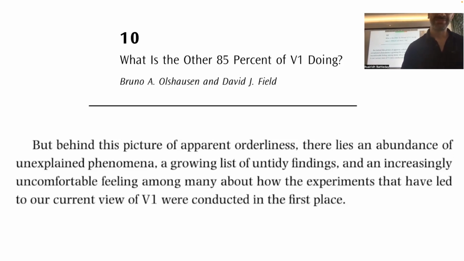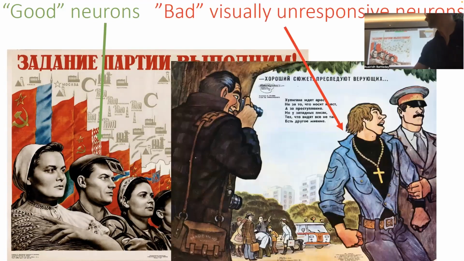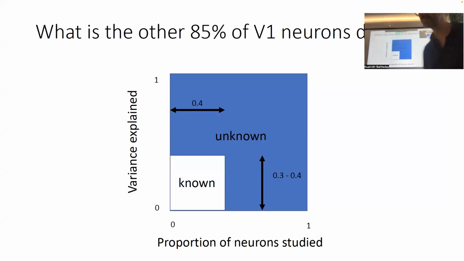This reminds me of how societies and governments see the good neurons, you know, how society is. We put them on the stump, and then they hide the other stuff, the other people. So this is the non-visually responsive neurons. This is how they claim it's 15% that we know.